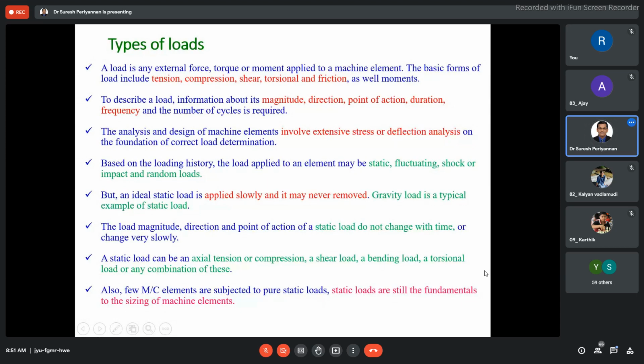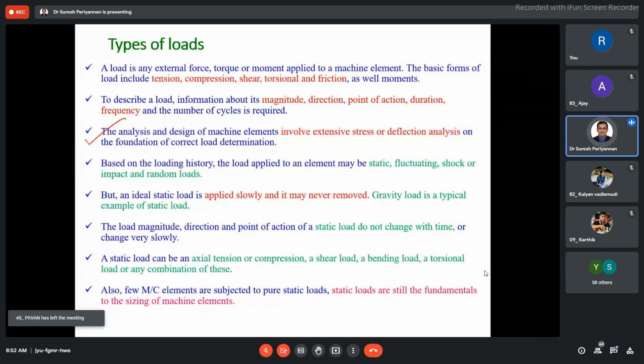The analysis and design of machine elements involves extensive stress and deflection analysis. For most components, for example gear design and shaft dimensions, we are going to consider extensive stress and deflection analysis. Based on that analysis, we are able to evaluate the dimension of the shaft.